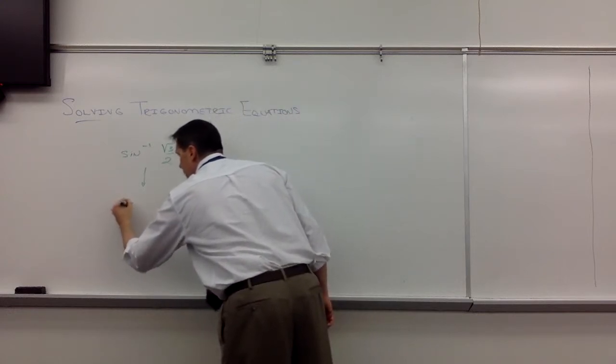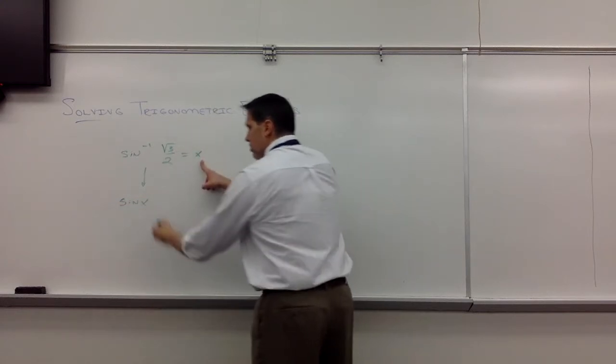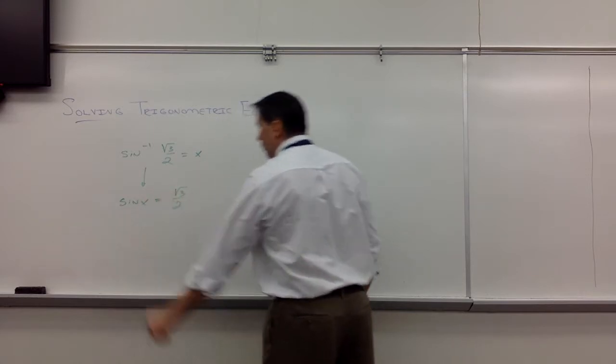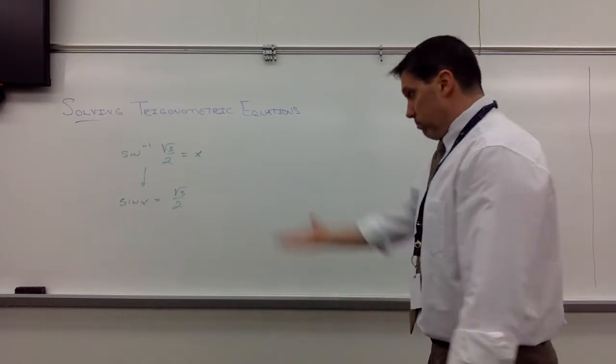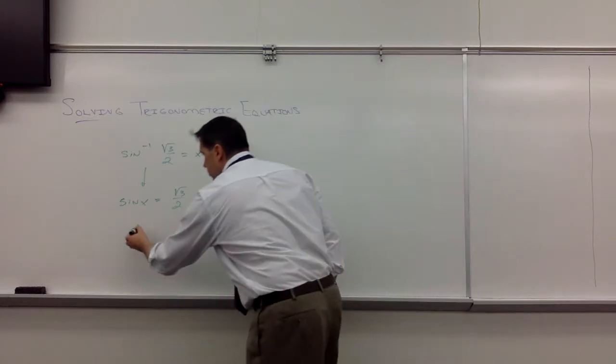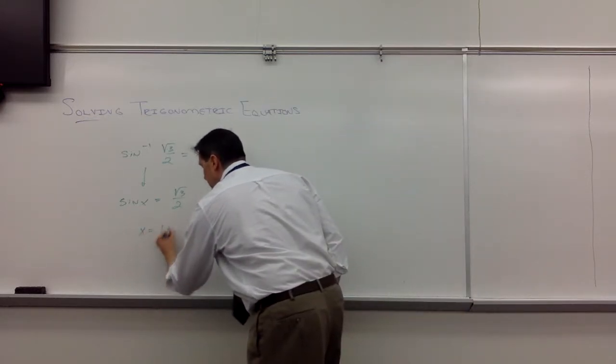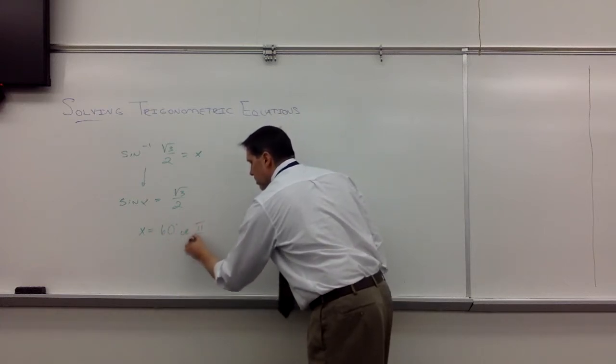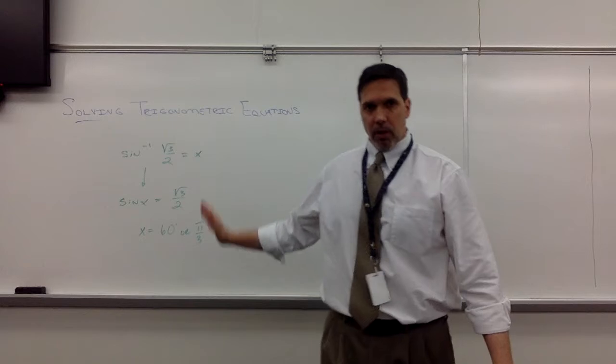We would interpret this as then sine of x has to equal the square root of 3 over 2. And we said, well, that's true if x is equal to 60 degrees, or pi thirds. Remember us talking about memorizing these values.